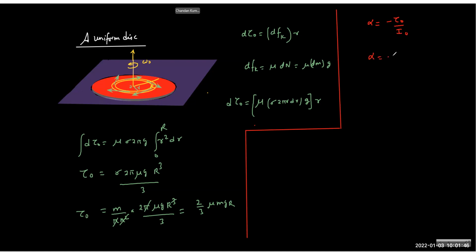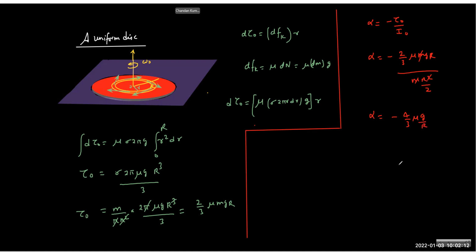So alpha equals minus 2 by 3 mu m g r, and the moment of inertia of this about the center is m r square. So again, this cancels out. We get alpha equals minus 4 by 3 mu g by r.